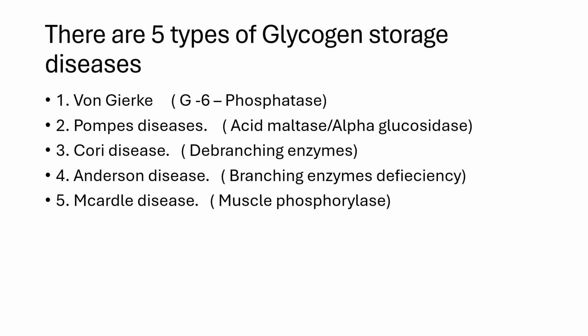Third is Cori disease. This is caused by the debranching enzyme deficiency. Fourth is Anderson disease. This is caused by the branching enzyme deficiency. And fifth is McArdle's disease. This is caused by the deficiency of muscle phosphorylase.